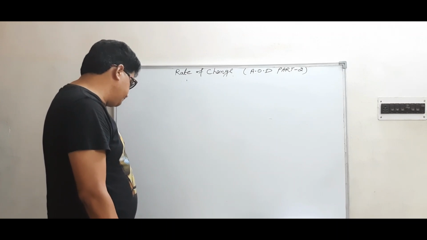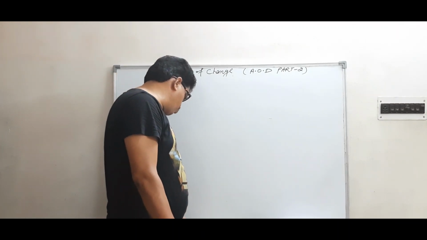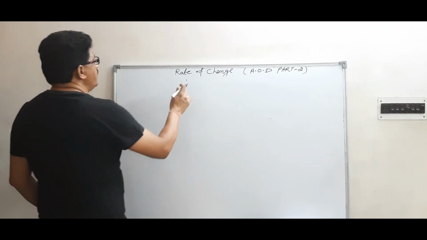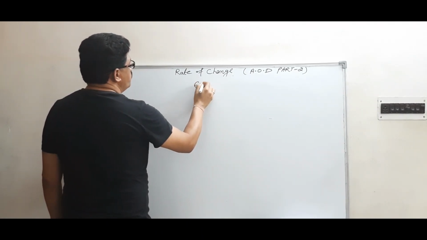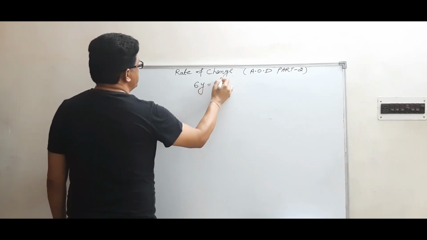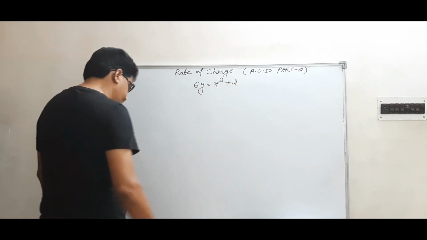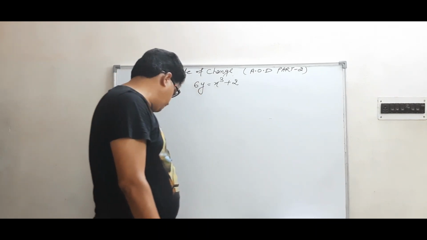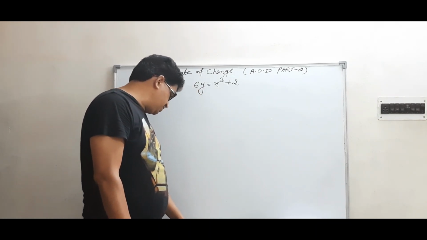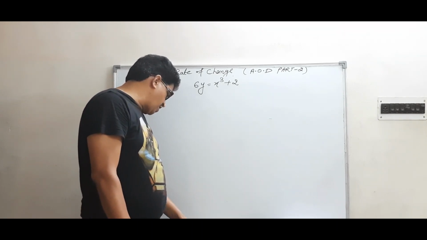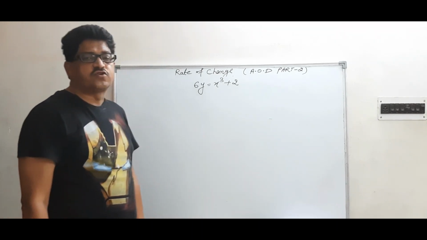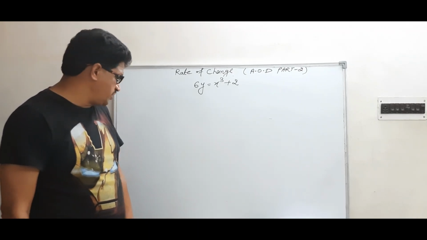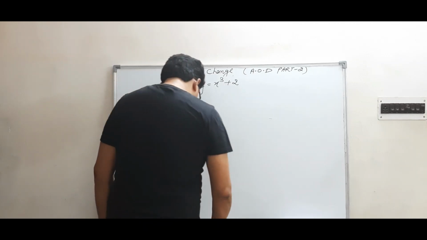Question number 11. A particle moves along the curve 6y is equals to x cube plus 2. Find the point on the curve at which y coordinate is changing 8 times as fast as x coordinate.